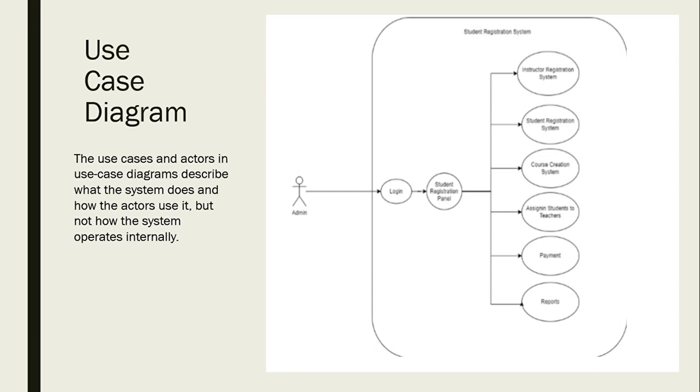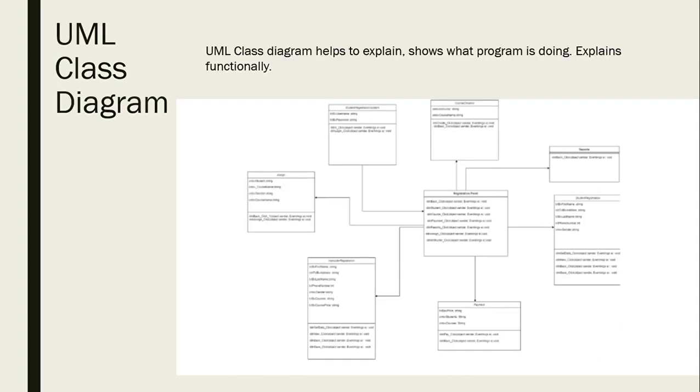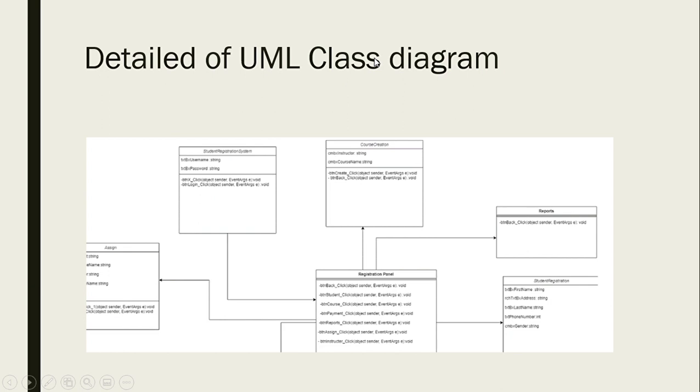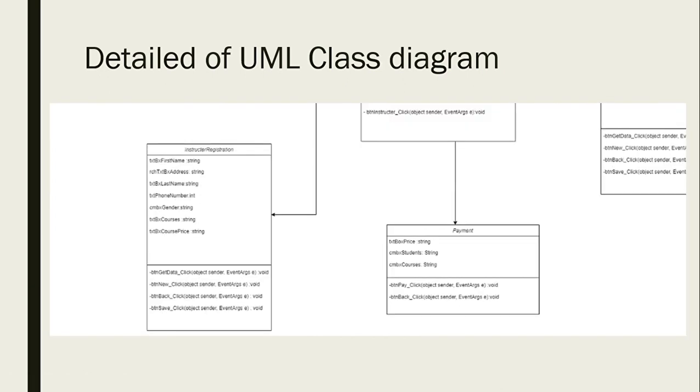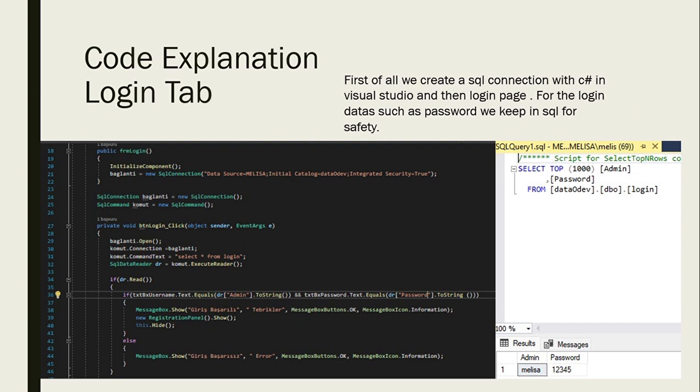The use cases and actors in use case diagrams describe what the system does and how the actors use it, but not how the system operates internally. UML class diagram. The UML class diagram shows what the program is doing functionally. Detail of UML class diagram. I will upload the PDF of all the diagrams.